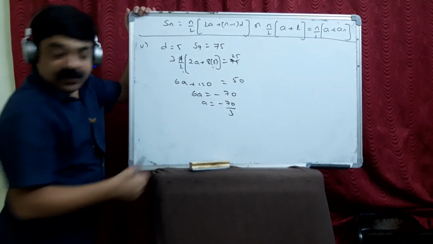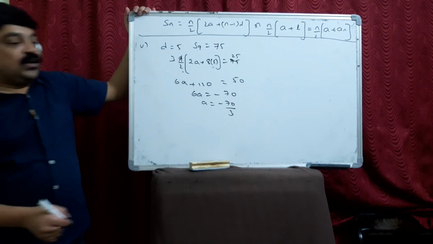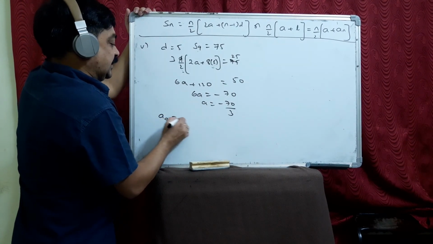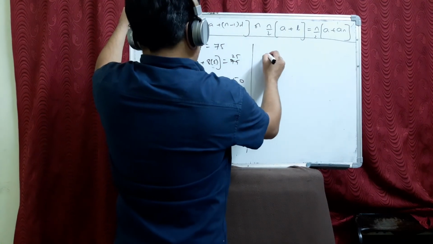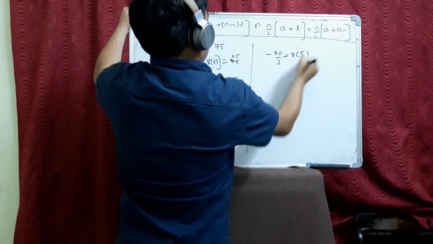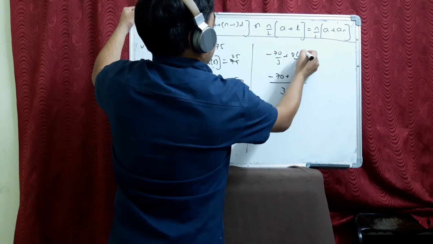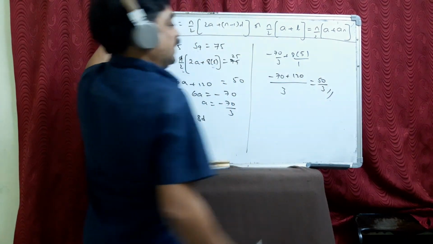After getting A, what did they ask us to find out? A9 also. So you have A value and D value. A9 is A plus 8D.